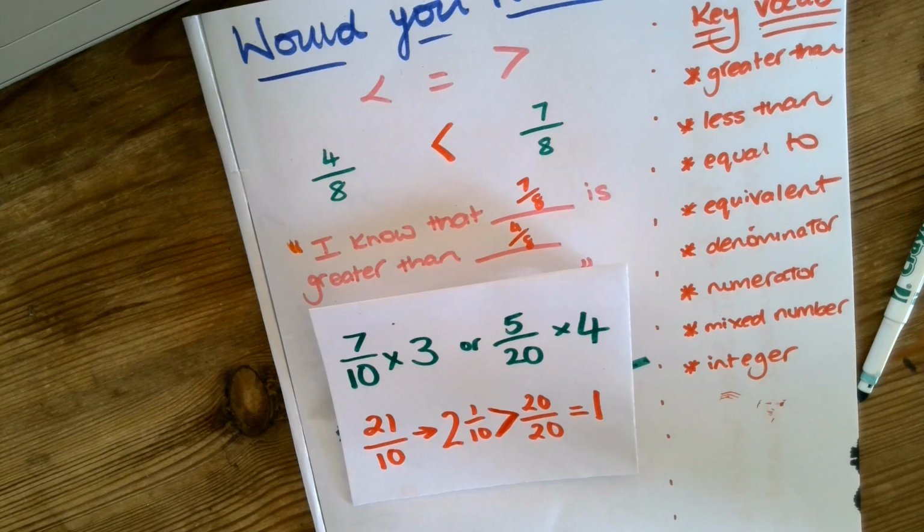Or you could answer something like, I know that 7/10 times 3 is greater than 5/20 times 4 because this equates to more than 2, whereas 5/20 times 4 equals 1. So see if you can have a practice at either saying that out loud, writing it down, and that will help you to remember how to also explain your answers.